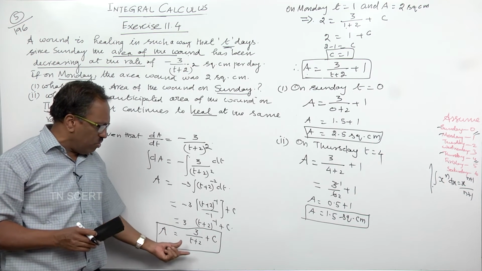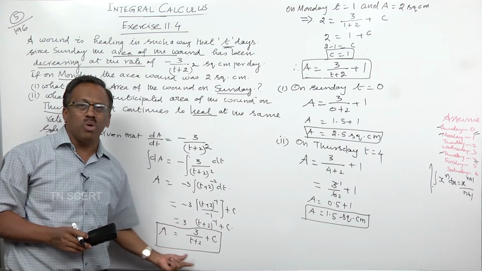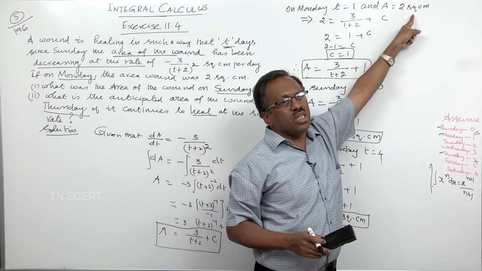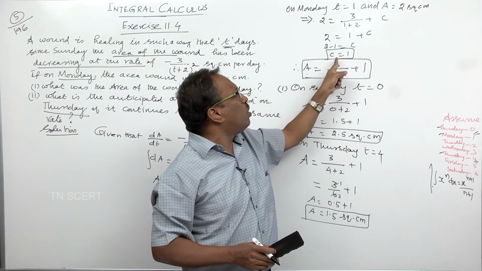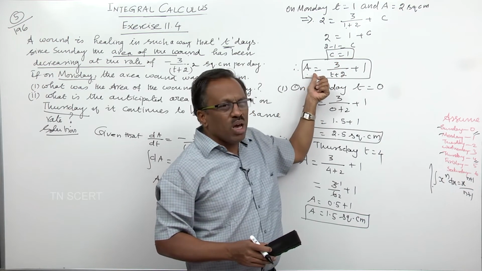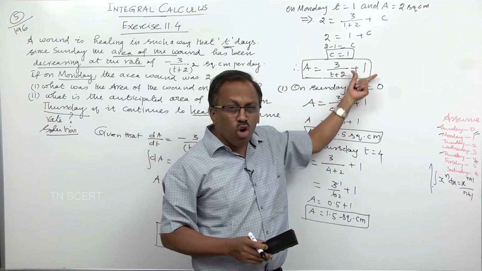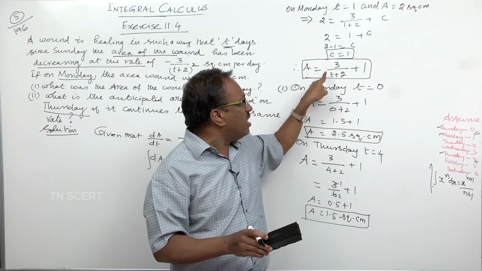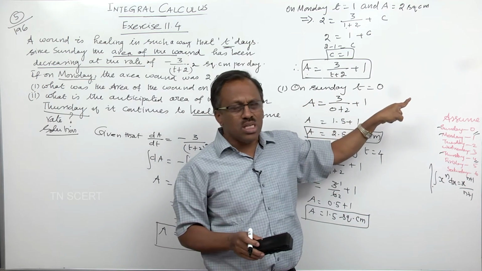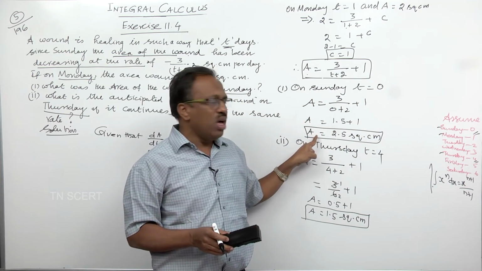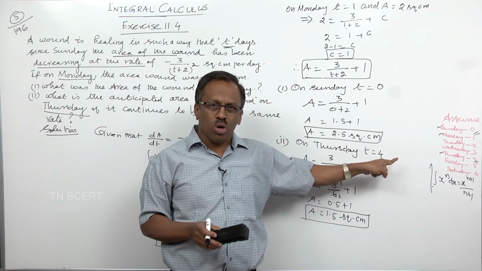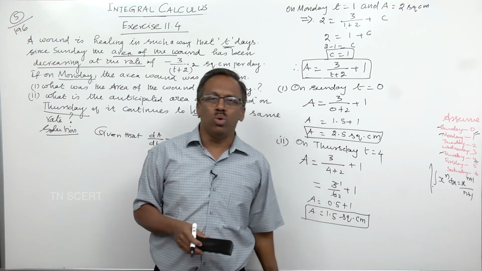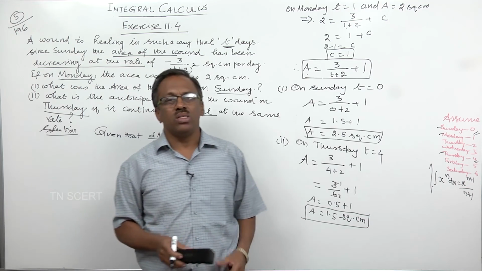After taking the integral we calculate the general formula, and on Monday T is equal to 1 and the area is given already, and we have found out the value of C, and by applying it we have formulated a result. With that result on Sunday we kept T as 0, by which area, and on Thursday T is equal to 4 we just assumed. After that the area of the wound would be healed to 1.5 square centimeter.